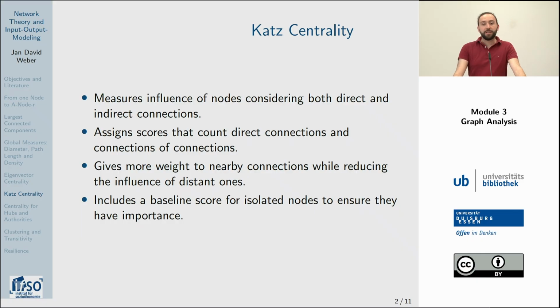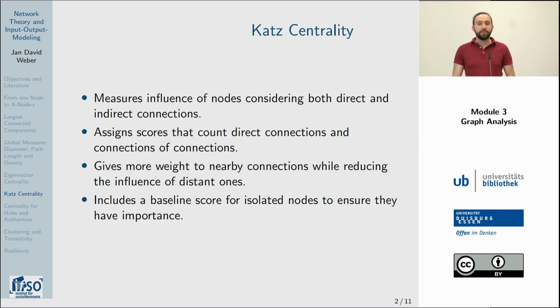Katz centrality measures the influence of nodes considering both their direct and their indirect connections. So not just who a node is connected to, but also who this node is connected to. It assigns scores to count direct connections and indirect connections, weighing them in a way of considering them as a graph.